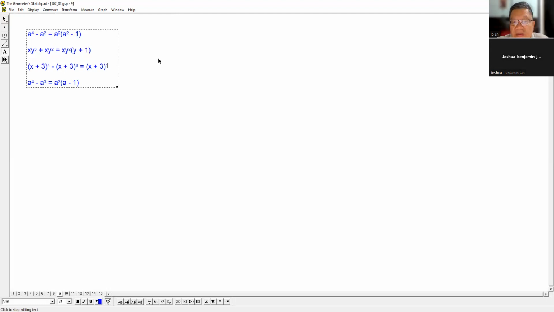X plus 3 is actually a. So this is a to the power of 4 minus a to the power of 3, which is (x plus 3) to the power of 3 times bracket.